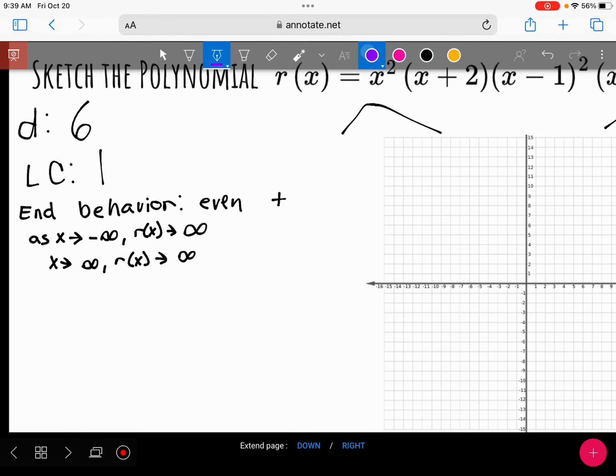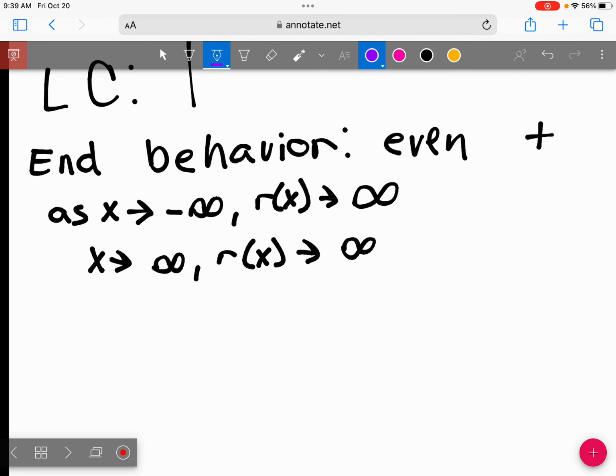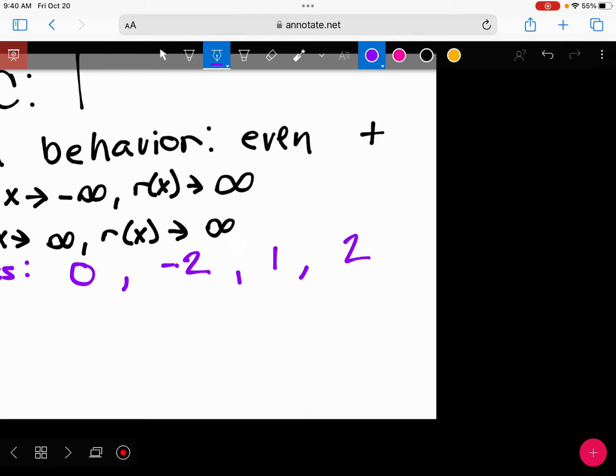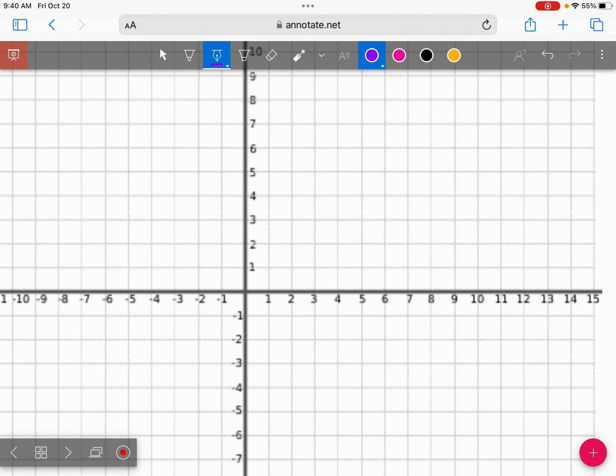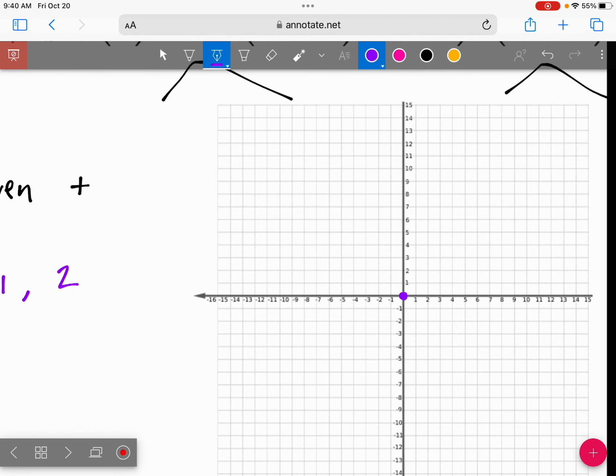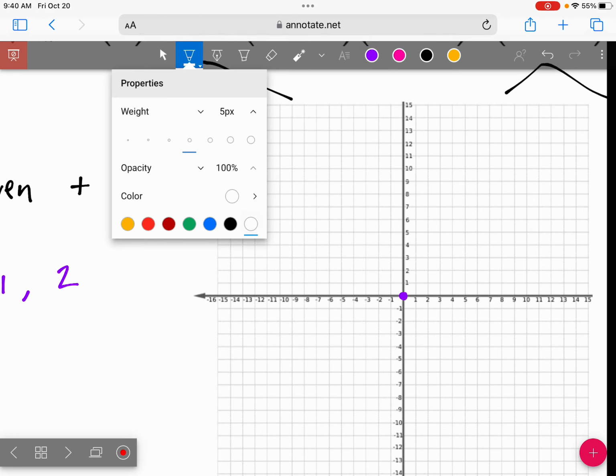Then we're going to find our roots, or our zeros. Where are our roots? 0, -2, 1, +2. So we know we have roots at 0, 1. I don't like this graph having numbers on it. You know what I'm going to do? I'm just going to do this.